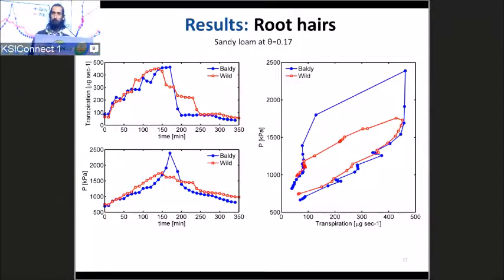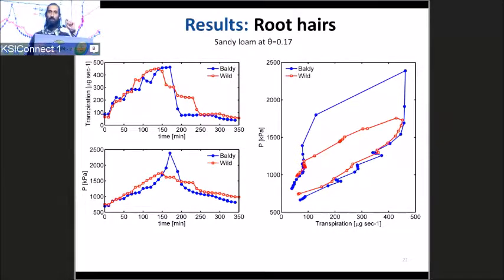This is still wet, but if you get to high transpiration, when you approach here, you are the same. Without hairs, doesn't matter. When you approach this point, the water potential starts to shoot up without hairs, and this doesn't happen if you have hairs.